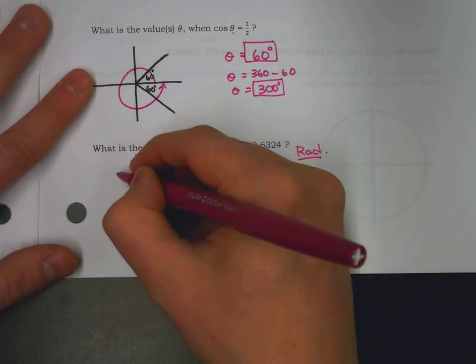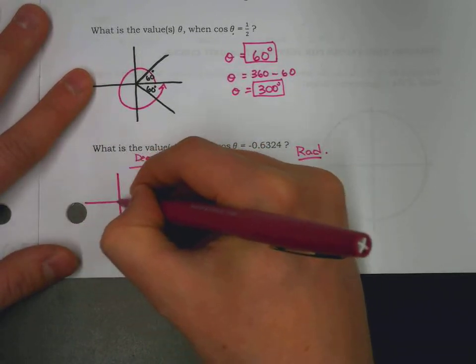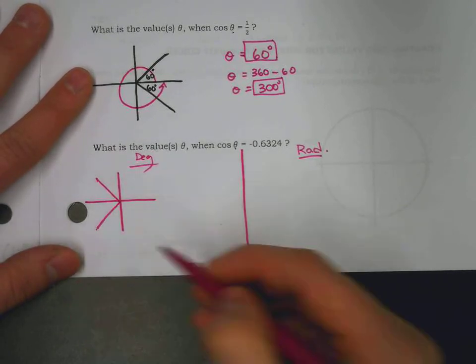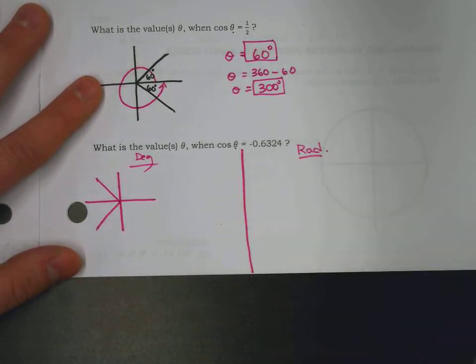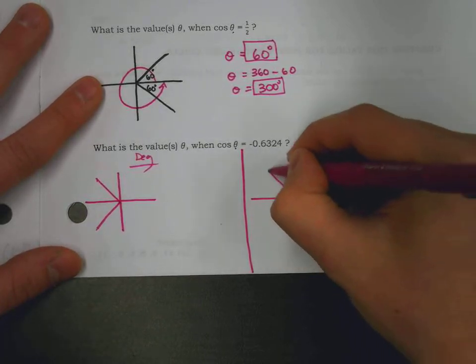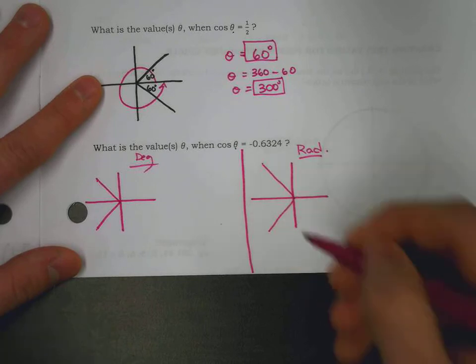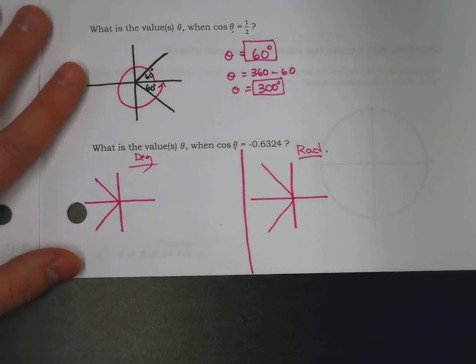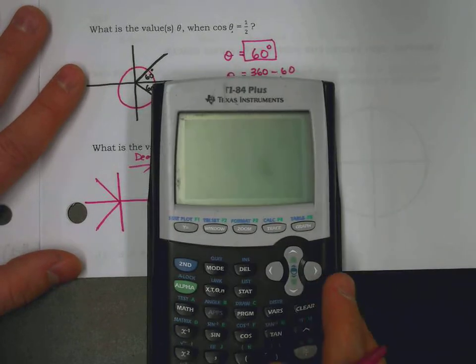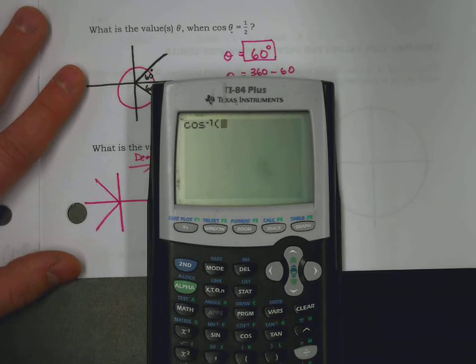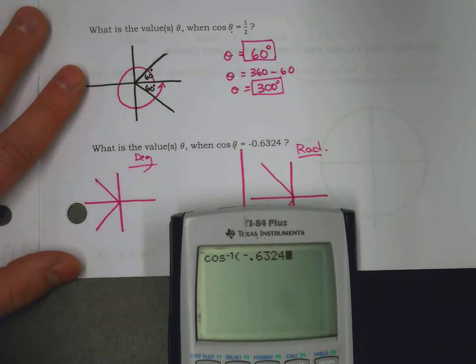Now, first thing to ask is, where is or are the answers when cosine is negative? Left side. Same thing for the radians, so I won't draw a picture, although maybe we'll deal with it after with a radian measure in there. So because this isn't on our unit circle as a defined coordinate location, we do have to use our calculator to do a second function cos inverse of negative 0.6324.